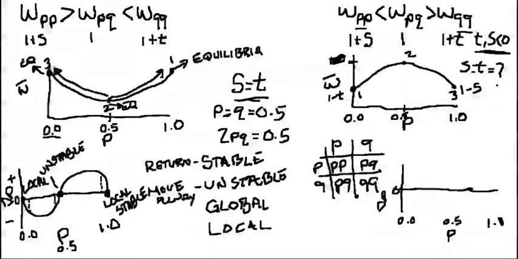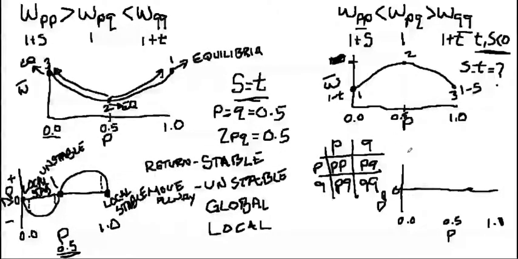Has to go uphill, so I have to go towards loss of it. So I have to move in this direction. I'm going to return here. So I am local and I am stable again. So we have locally stable, unstable, locally stable. I know exactly what's going to happen in this system as long as I know what my frequency of p is. Now, what about in this system?